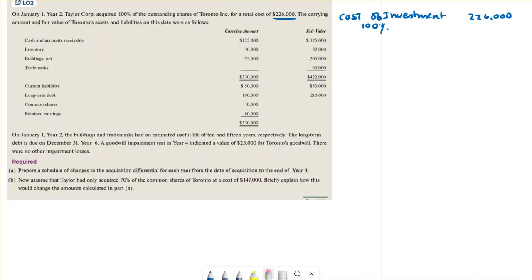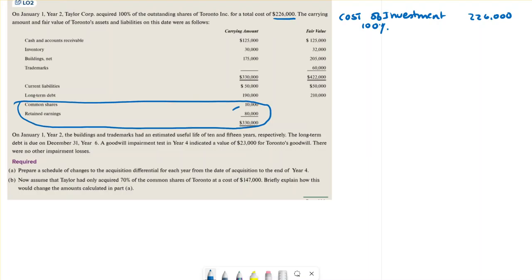So if you took 100% of the outstanding shares, we took over the common shares and we took over the preferred shares. So what we like to do is look at the carrying amount. Let's look at what they're talking about. It could be a multiple choice question.